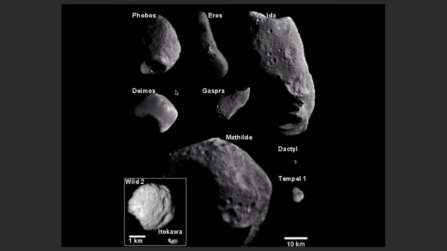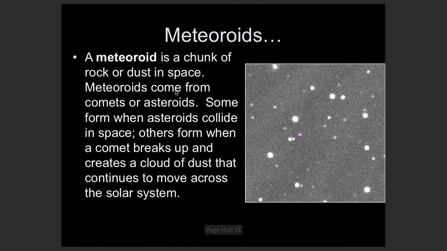Here are some of the bigger ones, like Phobos, Eros, Ida, Deimos, Gaspra, Matilde, right? And again, these are just huge rocks, if you could think about them that way, that float around in this particular region. So it is an asteroid when it's floating in the asteroid belt, right?